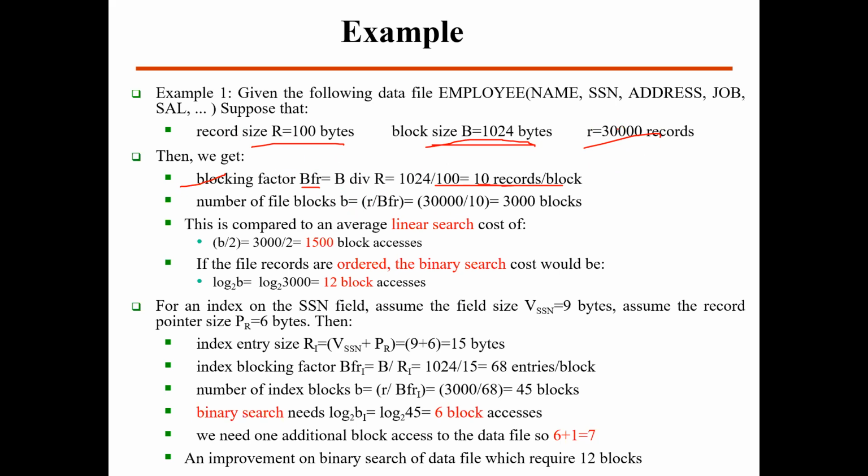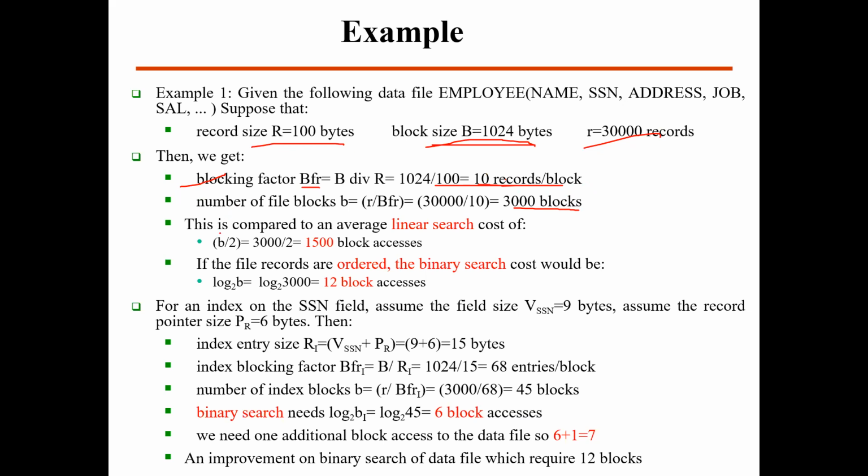So the number of records are 30,000 divided by 10. So we need only 3,000 blocks to store these 30,000 records when the block size allows us to hold 10 records inside each block.